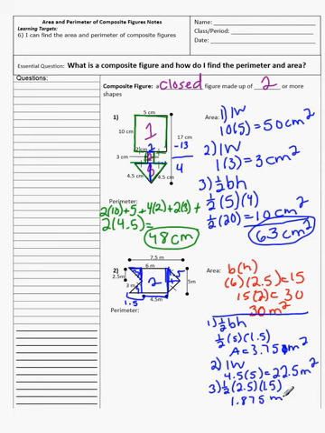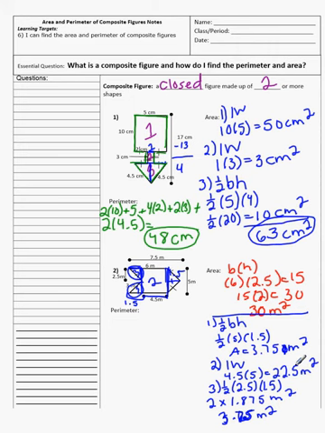We get that the area is 1.875 meters squared. Now because we have 2 of them, we want to multiply this by 2, and we will get that the area for both this triangle and this triangle is, oops, sorry, I multiplied that by 3. 1.875 times 2 is going to give me an area of 3.75 meters squared.